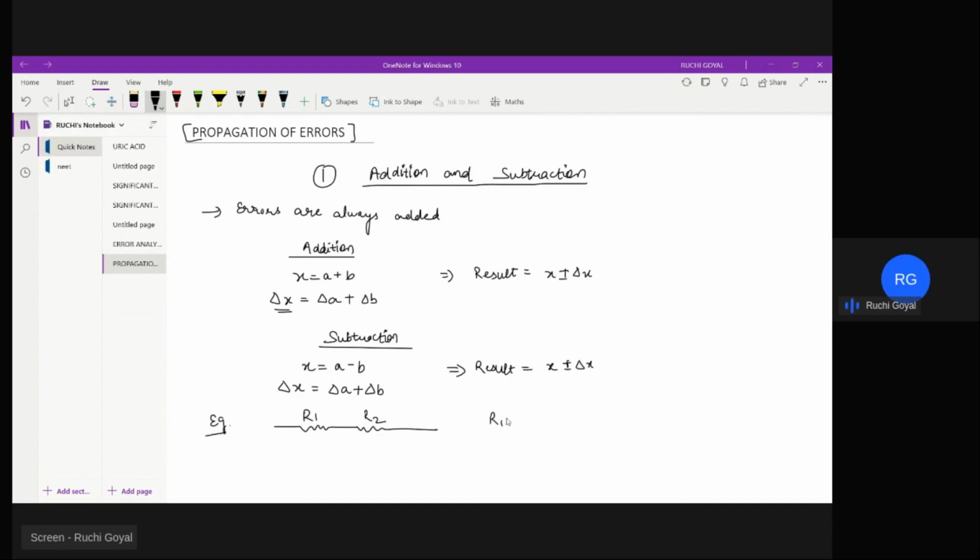R1 is given to us as 2 plus minus 0.2 ohms, and R2 is given to us as 4 plus minus 0.4 ohms, right? These values are given to us. Now the question is to find the equivalent resistance.